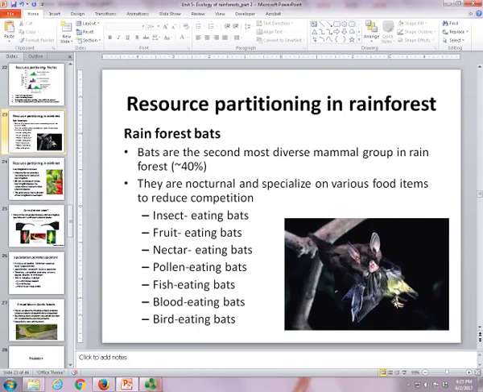Insect-eating bats are not going to compete with fruit-eating bats, and the fruit-eating bats are not going to compete with bird-eating bats. So they can minimize the competition and they all can coexist. This is a very nice example of resource partitioning. And in this picture, you can actually see a bird-eating bat. There are only a few species, but there are bird-eating bats.